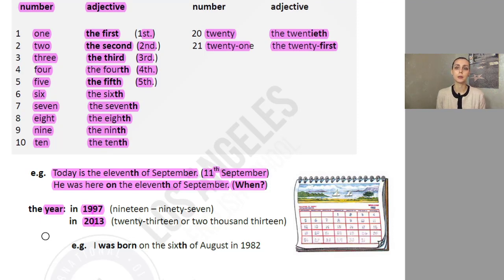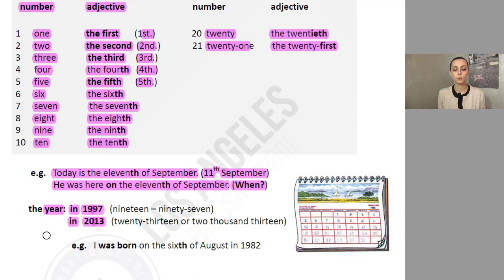For example, it happened in 1997, or I was born in 2013. So you can divide it into two parts.